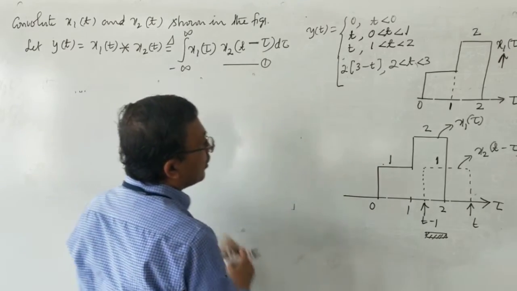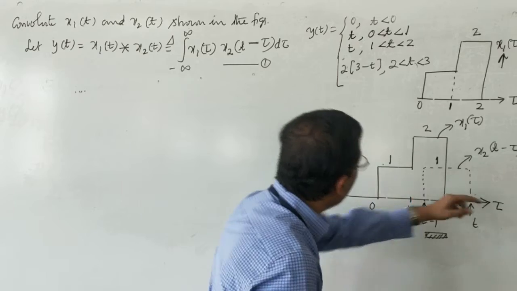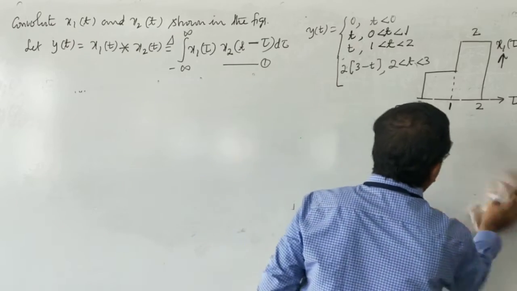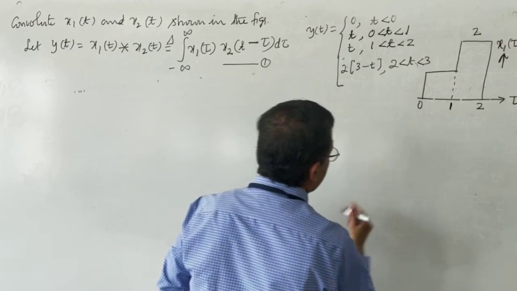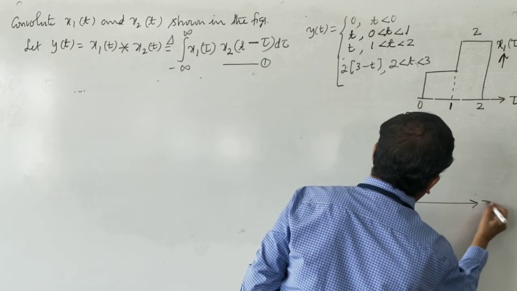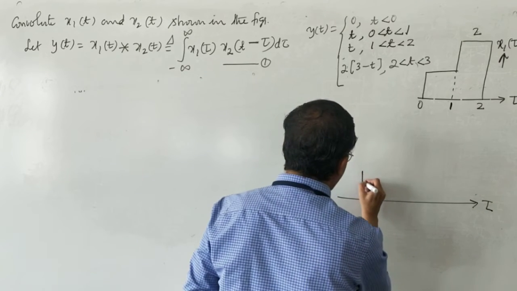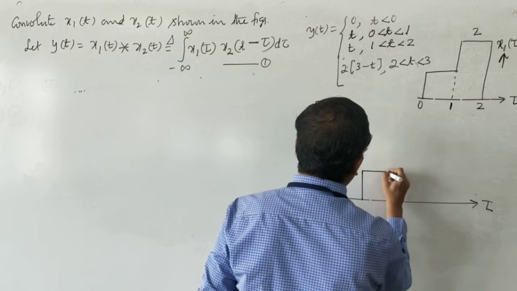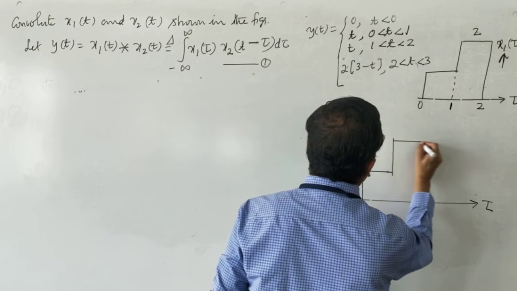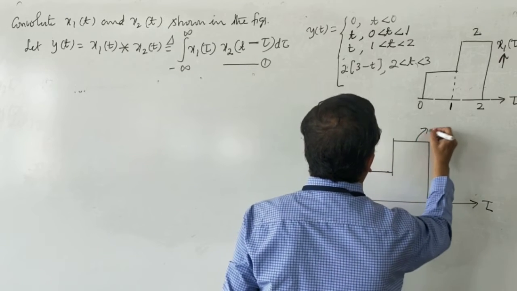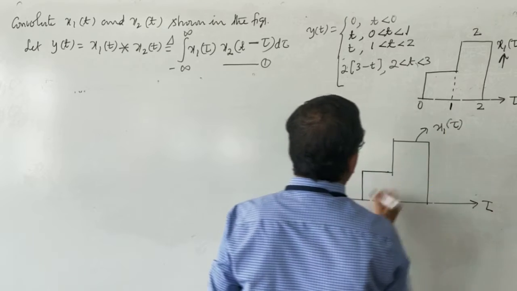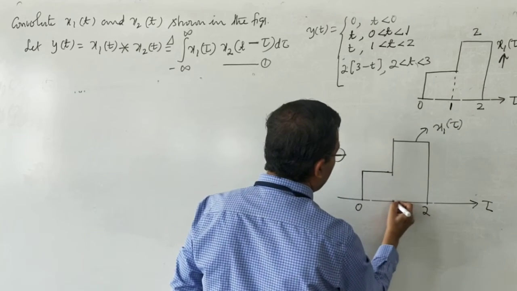Last situation. If you push this rectangular pulse further, I'll show now. This is the sketch of x1 of tau. It starts at 0, ends at 2.